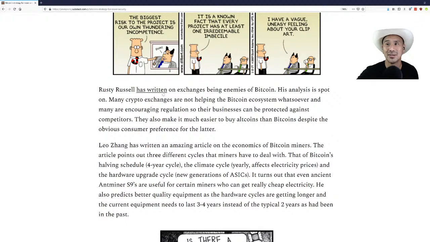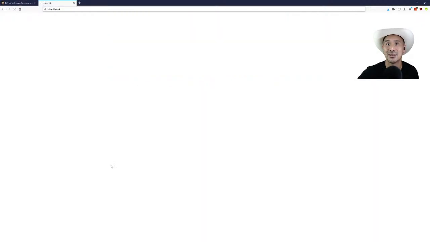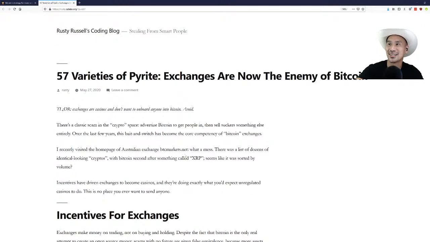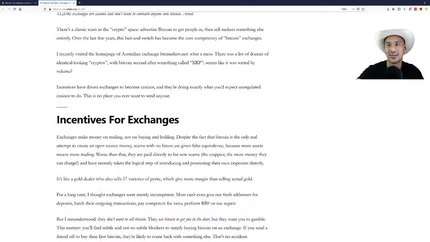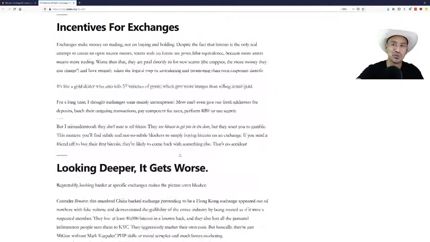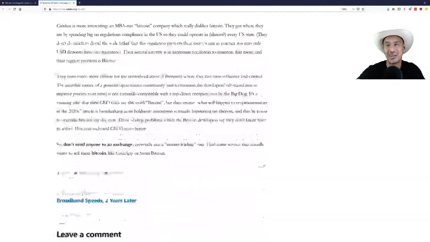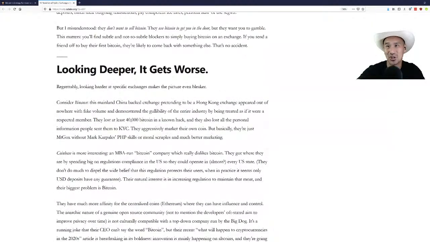All right, Rusty Russell. He has a nice article attacking the 57 varieties of pyrite. Exchanges are now the enemy of Bitcoin. And this is for all of those exchanges that are selling anything other than Bitcoin. And many of them make it very, very difficult to buy Bitcoin. And to add on top of it, they lose a lot of Bitcoin.